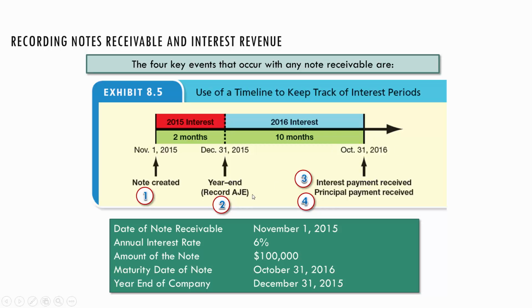So this is our fiscal year end December 31st. We should have 2 months in there. Again, they took out the note here on November 1st, so between November 1st and December 31st, we have 2 months. We need to show 2 months of revenue here, and then in our next fiscal year, which begins January 1st, 2016, ends somewhere out here, December 31st, 2016, we need to show these 10 months.